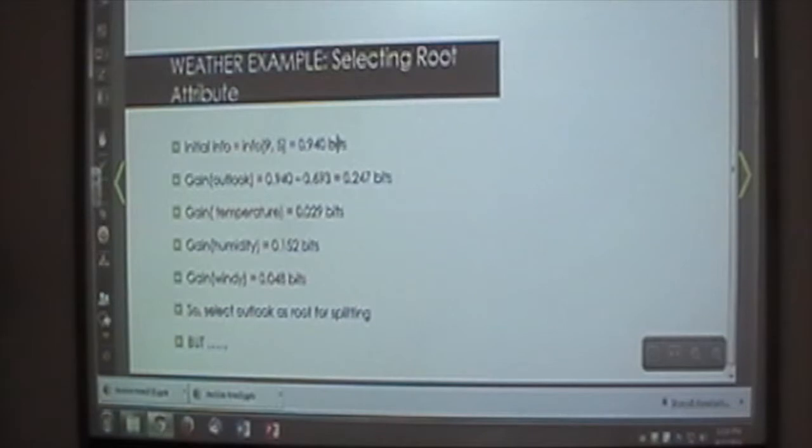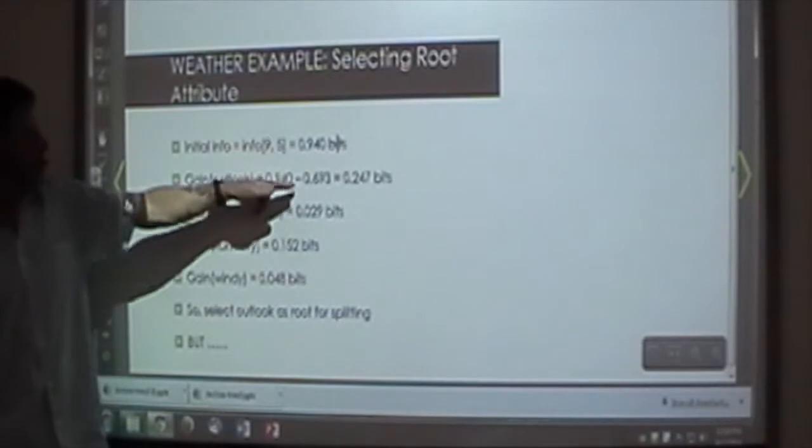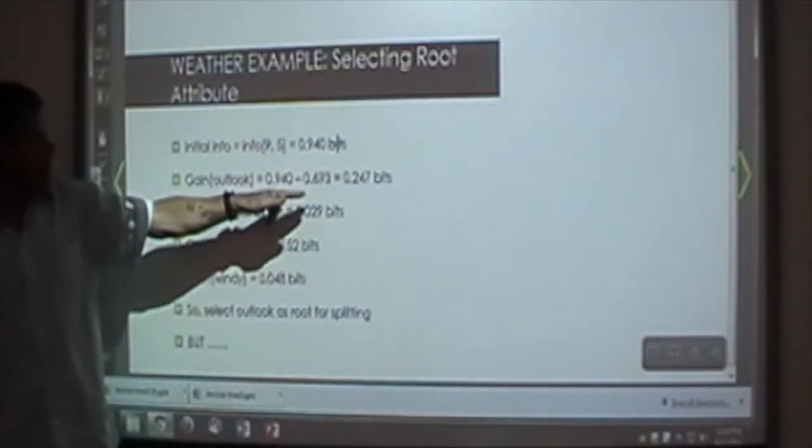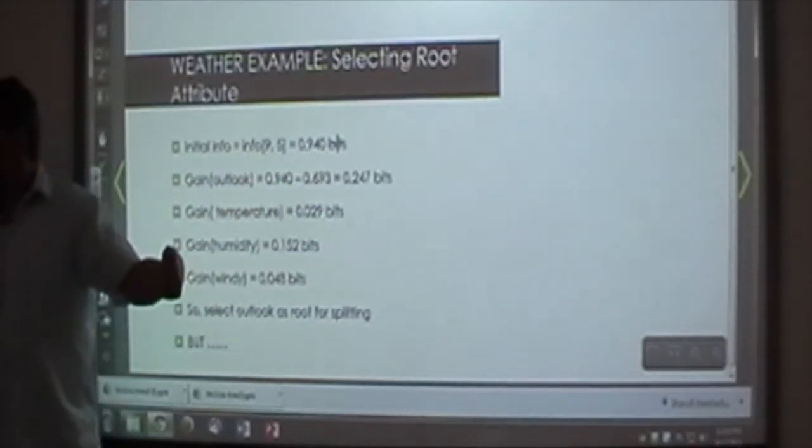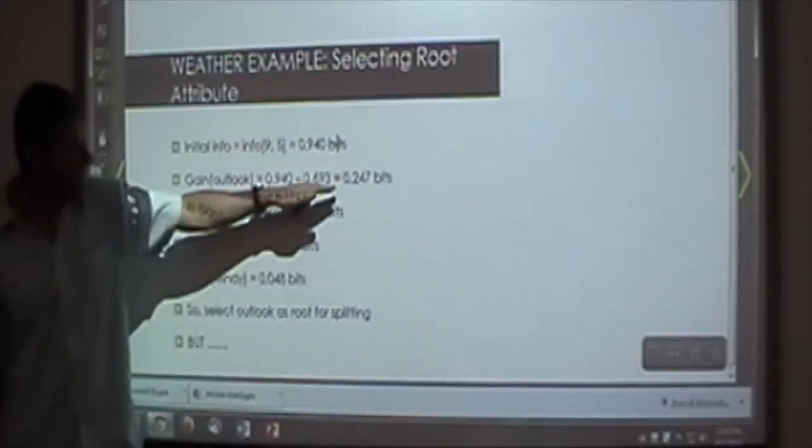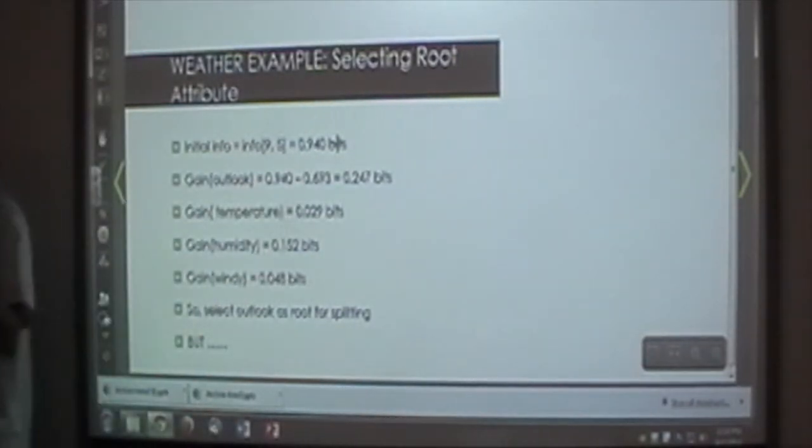What we're interested in is how much we gained by using outlook as my root. That's just the difference between the initial amount to gain minus what's left afterwards. In that case, we've gained 0.247 bits of information.